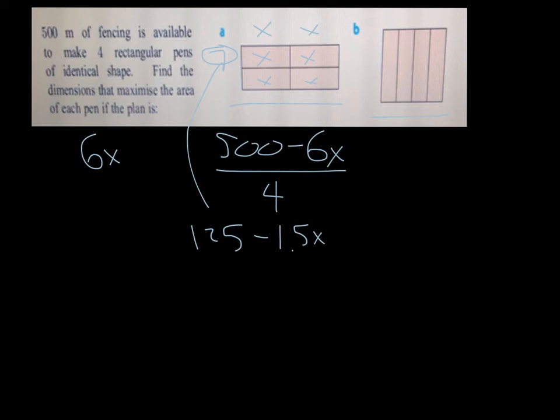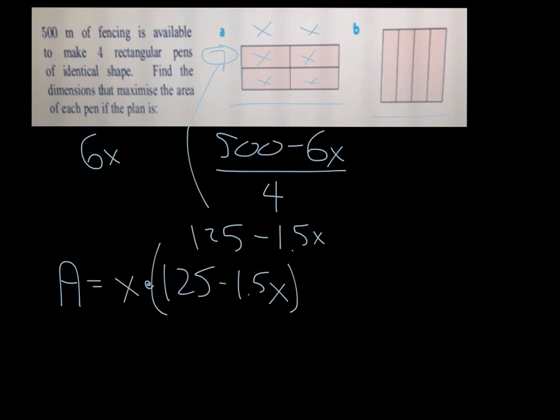Alright, so now we look at what to do. Same kind of thing as usual. We want to maximize area, so we need an equation for area. Area equals our x side, and we'll multiply by 125 minus 1.5x. And we're also going to multiply, oops, not by 6. Let's change that to a 4.